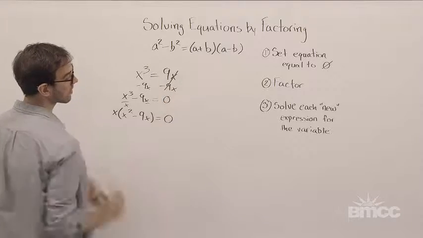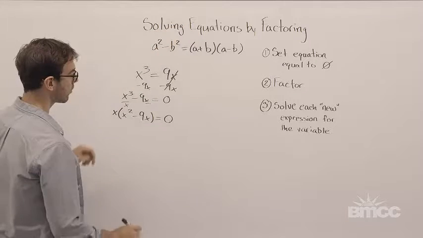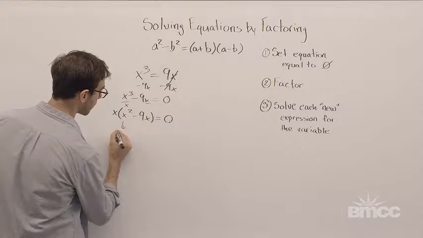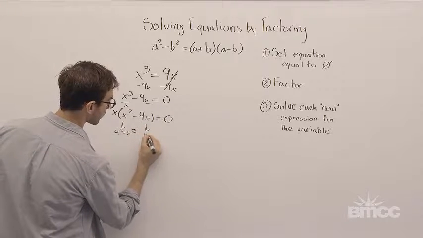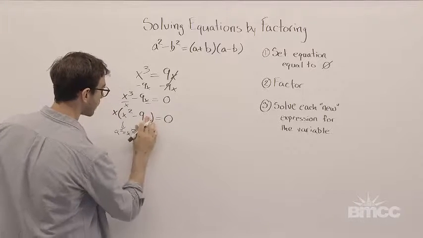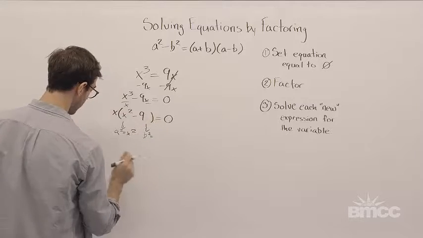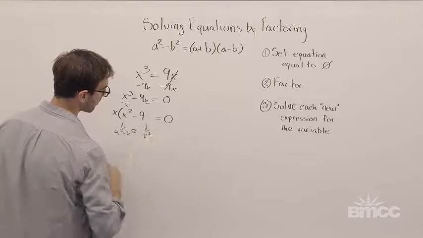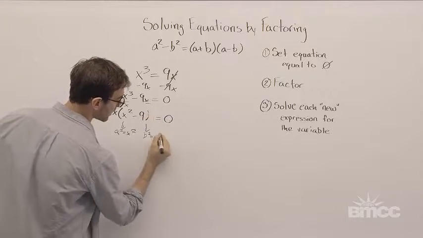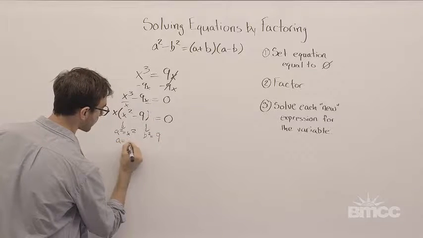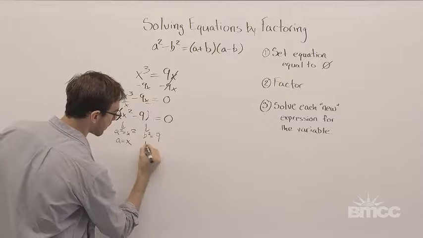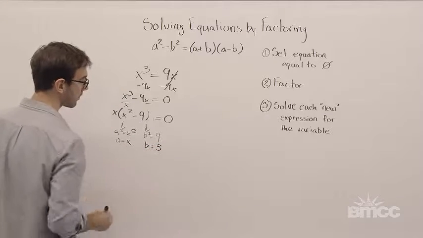So using this difference of squares formula, we'll say that our a squared is equal to x squared and our b squared is equal to 9. That means that our a is equal to x, and our b is equal to 3.